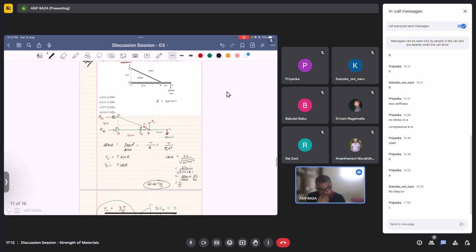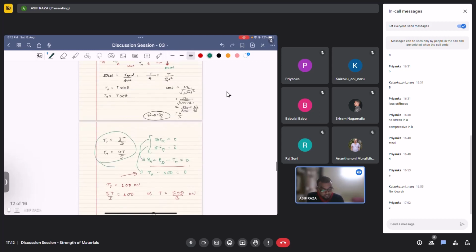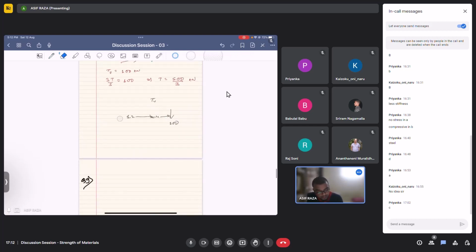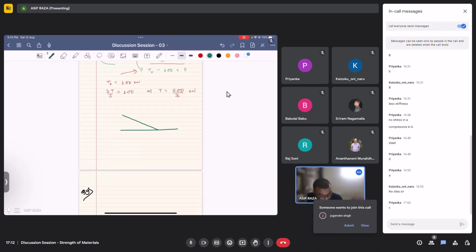If I take the RA RD system, this tension T would be an internal force, so I shouldn't bring it up for the calculation. The mistake is that I was taking this.